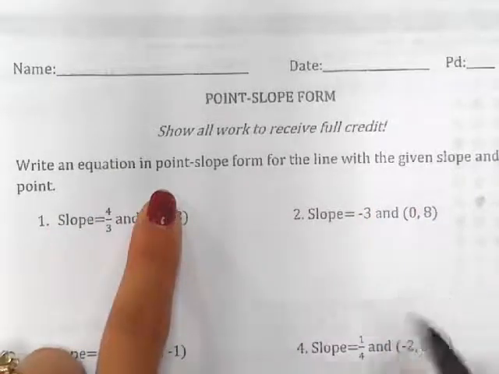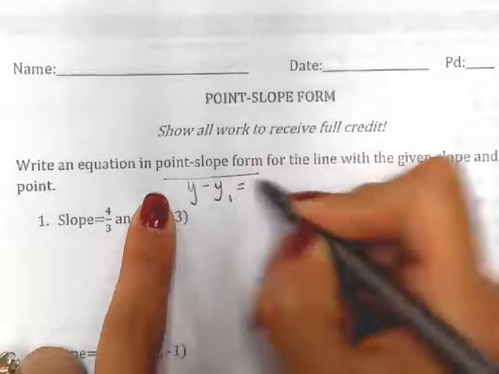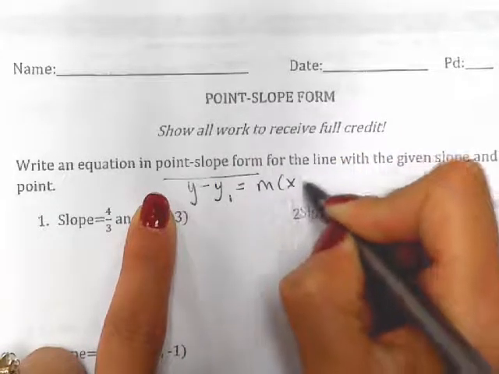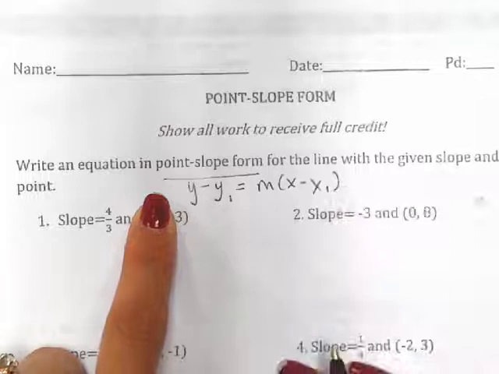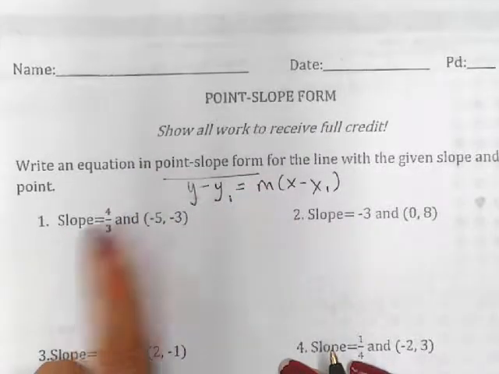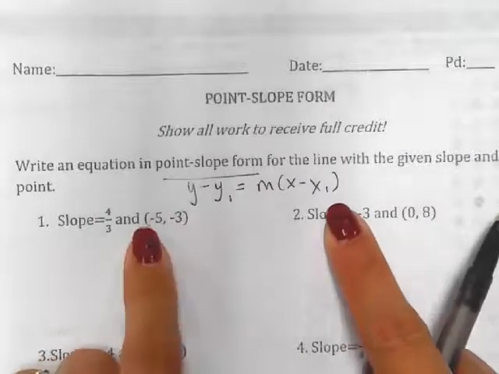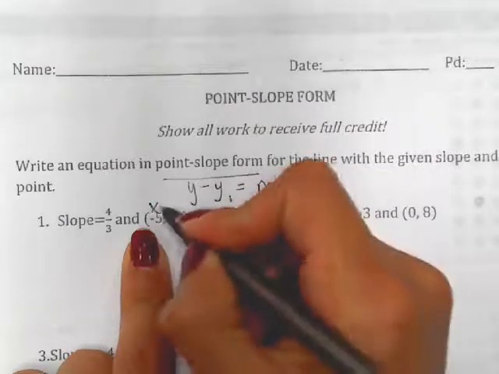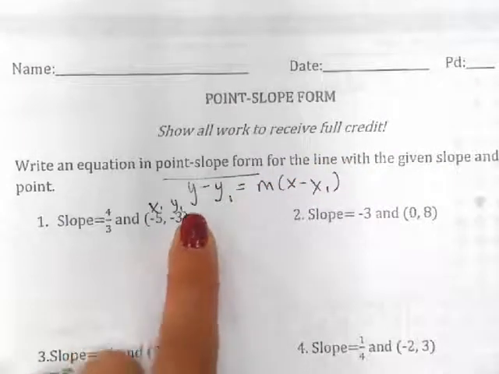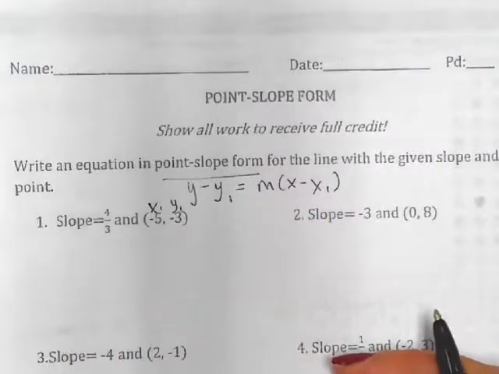So point-slope form is y minus y1 equals m(x minus x1), where m is our slope, and the x1 and y1, they're from the point given. This is going to be my x1 and my y1. And the regular x and y that don't have a number, those are just a regular x and y.